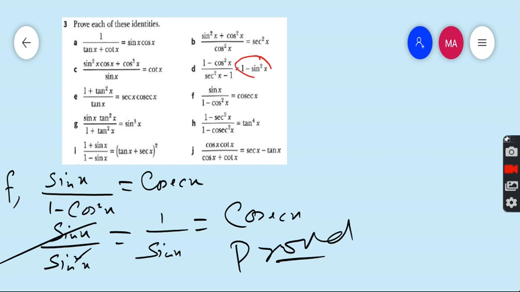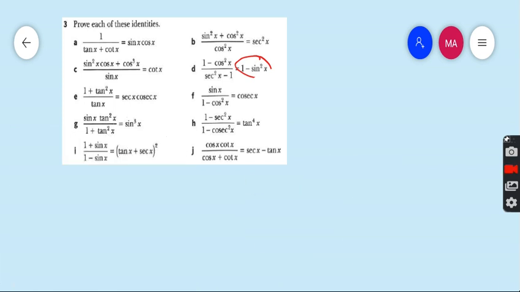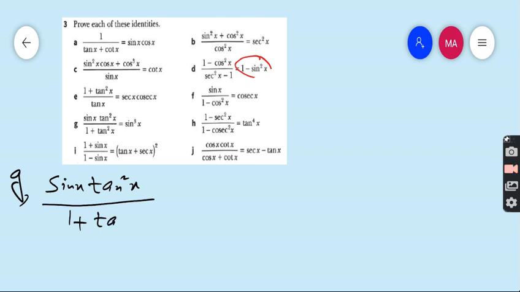Move to part G. What is part G? Sin x tan square x upon 1 plus tan square x is equals to sin cube x.